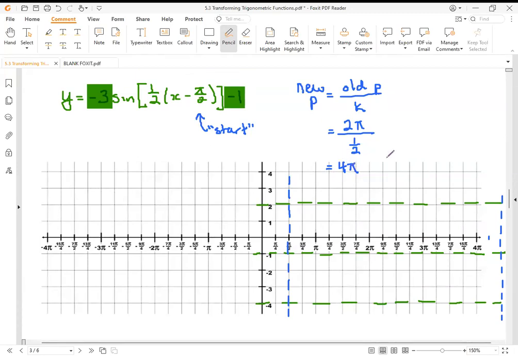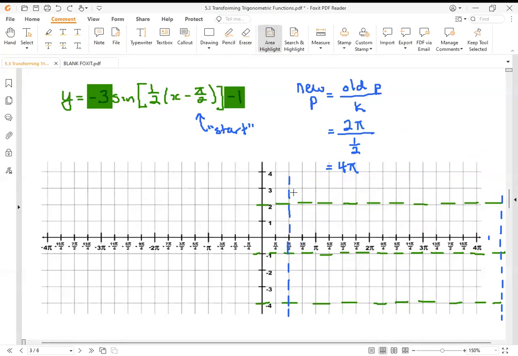If I know 4 pi is how long it takes to cover one period, one cycle, and I know that I have to start at pi over 2, so from pi over 2, I essentially counted out 4 pi. So when I do so, notice how 4 pi is here. I just added an extra 2 boxes on top of that. It sort of makes sense, right?